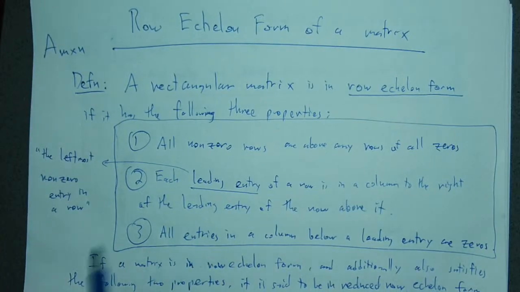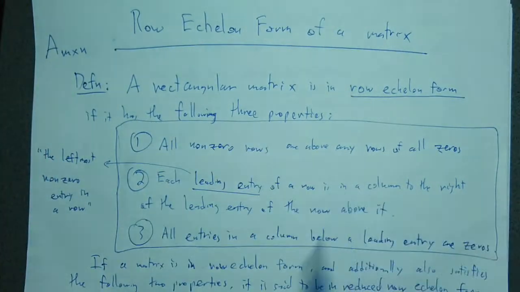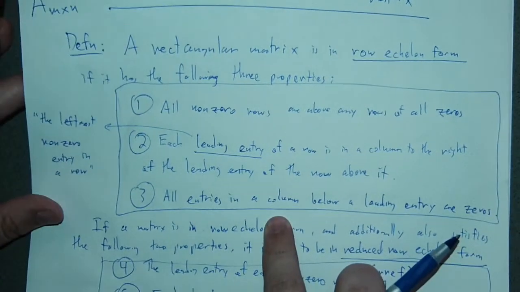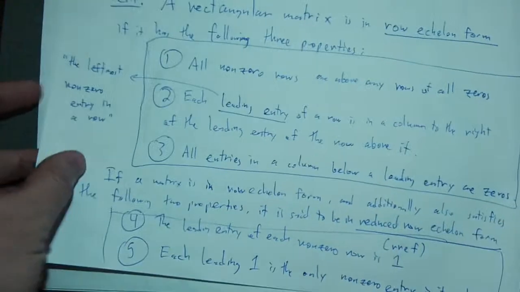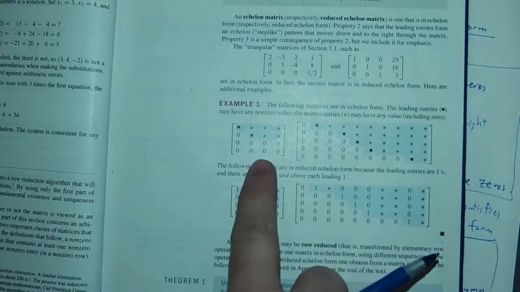It's just that three is added for emphasis here, because this is important, but really one and two are all you need. So one and two you definitely need, you get three automatically, and four and five you definitely need for this thing to be in reduced row echelon form.